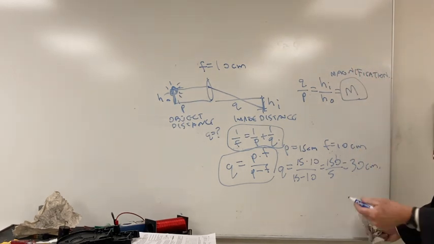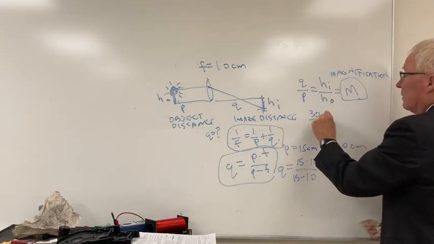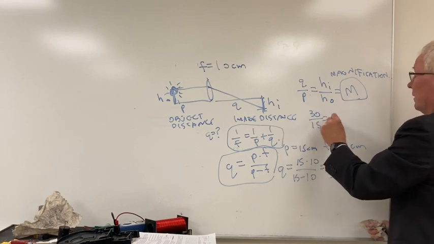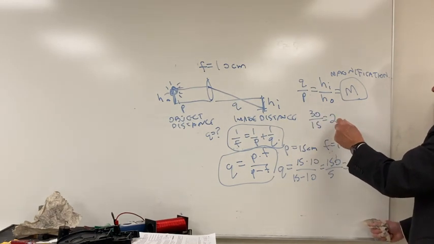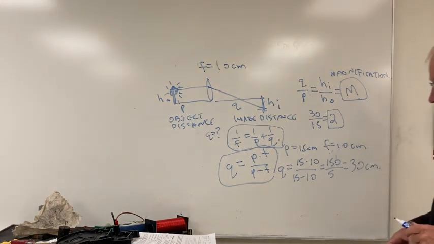And what we would have for this case is we would have Q is 30, P is 15, so the magnification should be 2. Okay.